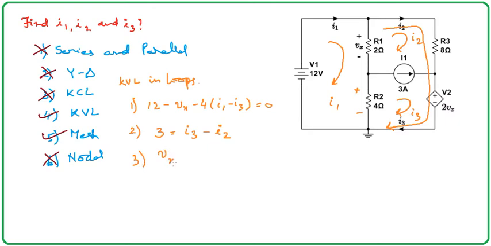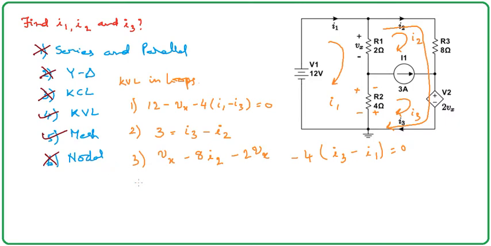I am starting from Vx, minus 8 times I2, minus 2Vx, minus 4 times (I3 minus I1) equal to 0.